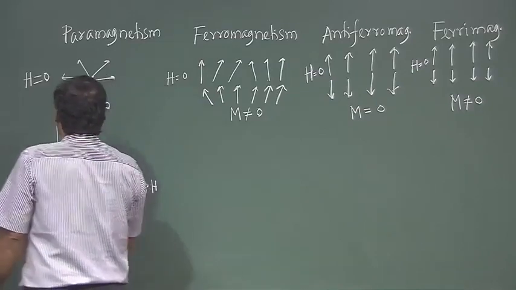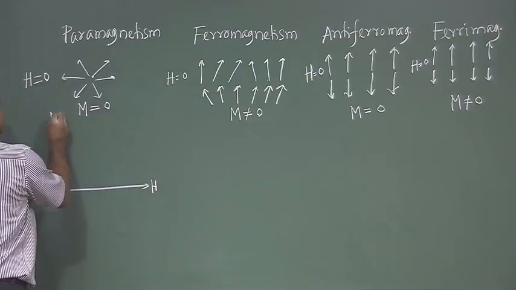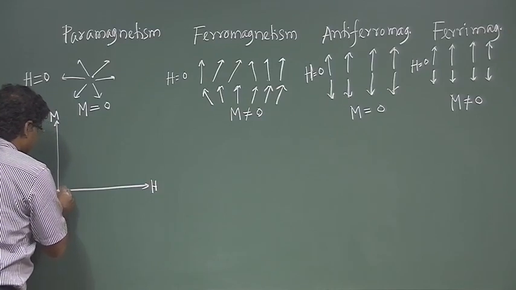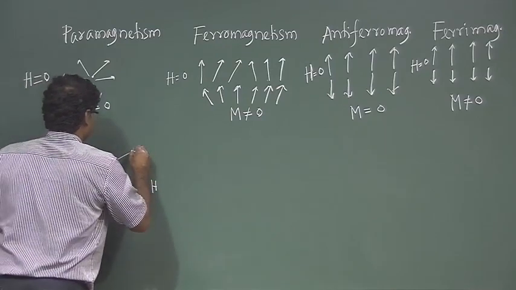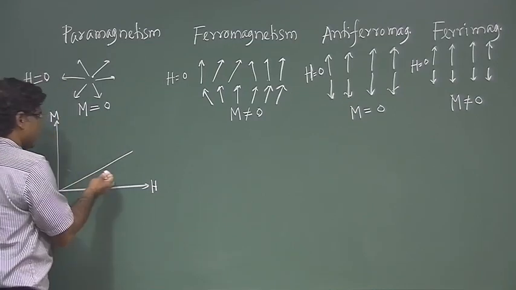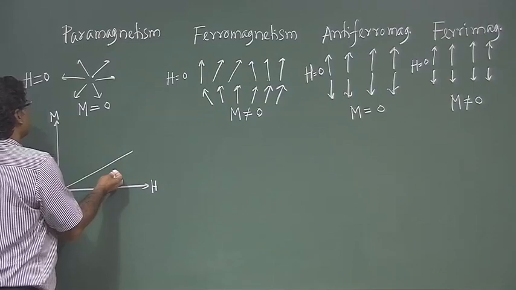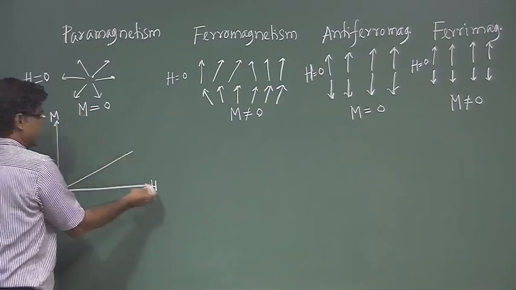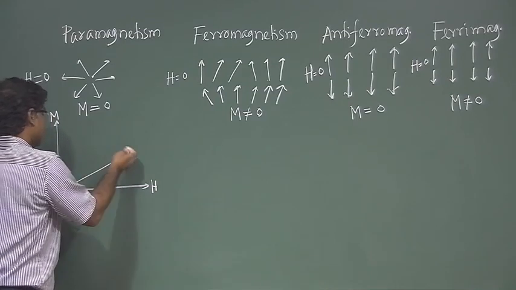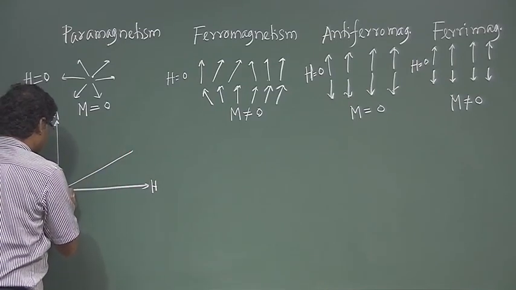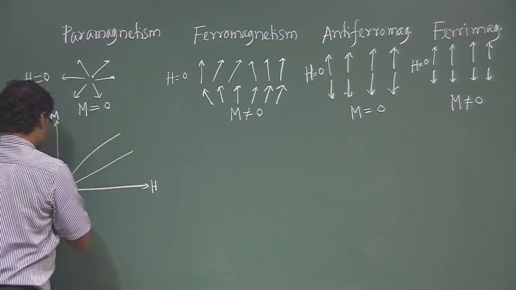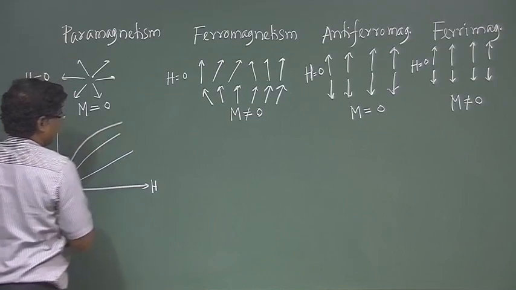the magnetization M varies like this, depending on temperature. At different temperatures, if we measure the magnetization as a function of magnetic field, it varies like this.